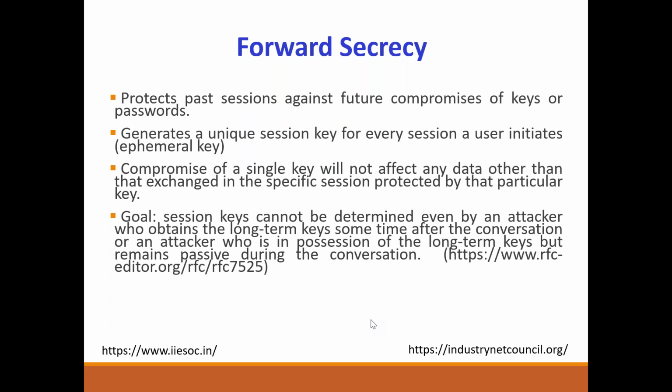And so what forward secrecy does is, the idea is that you want to protect the past sessions against a future compromise. That is, if some hacker gets a hold of your key, then you want to make sure that the sessions that happen in the future are not also compromised. And this is one of the reasons that people really do not like static keys. If you'll recall, last time we were talking about RSA and RSA static keys.